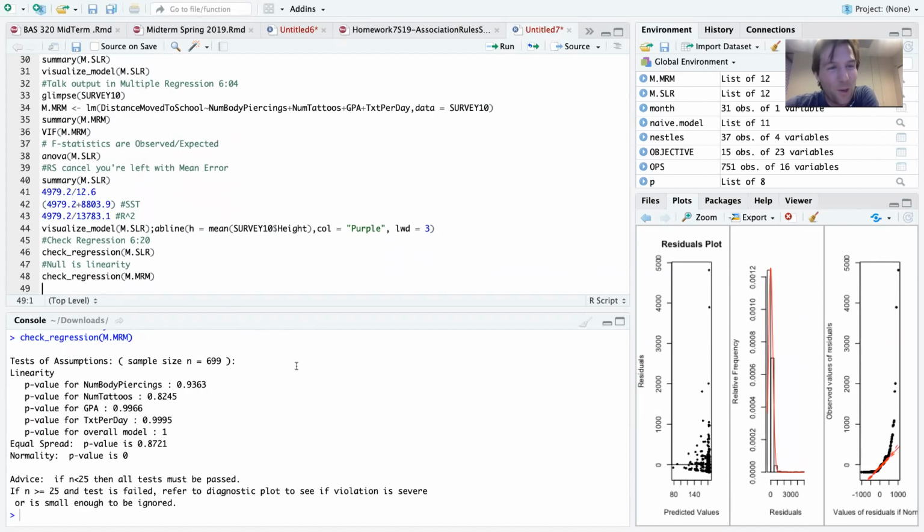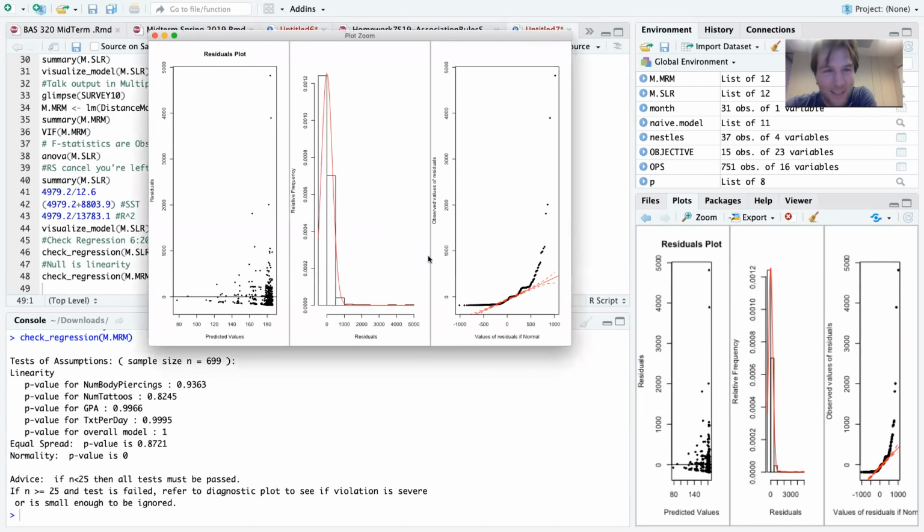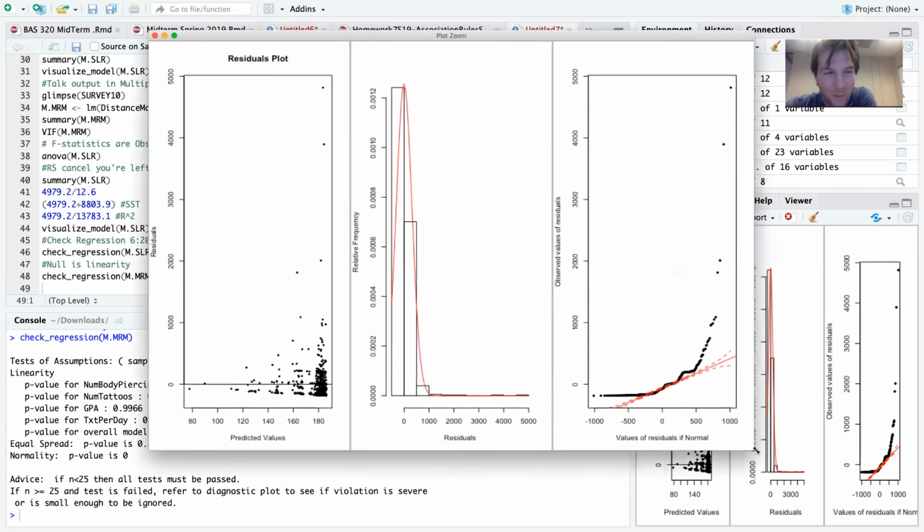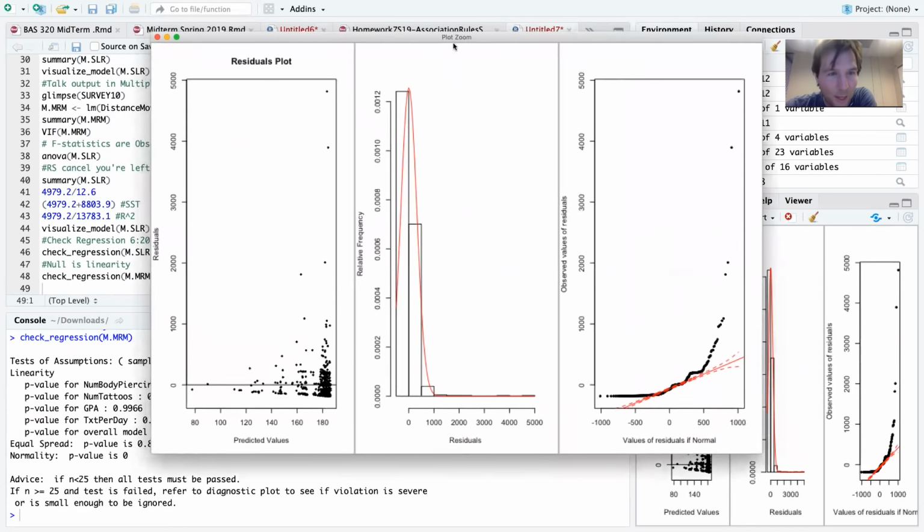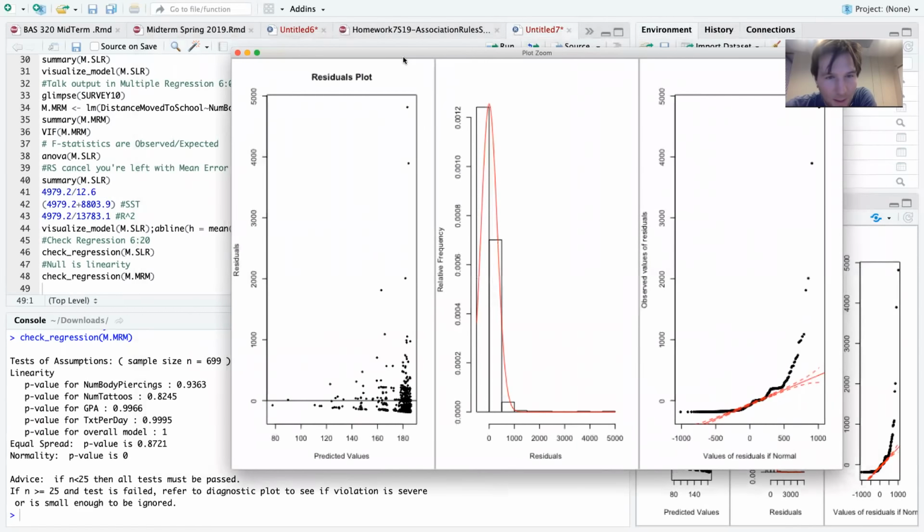Oh, that's kind of cool because this model, I kind of like it. Reason being is if you look at what we got over here, it's kind of cool. Oh man, how did the equal spread not go haywire on this? I don't know how the equal spread didn't go crazy. Huh.